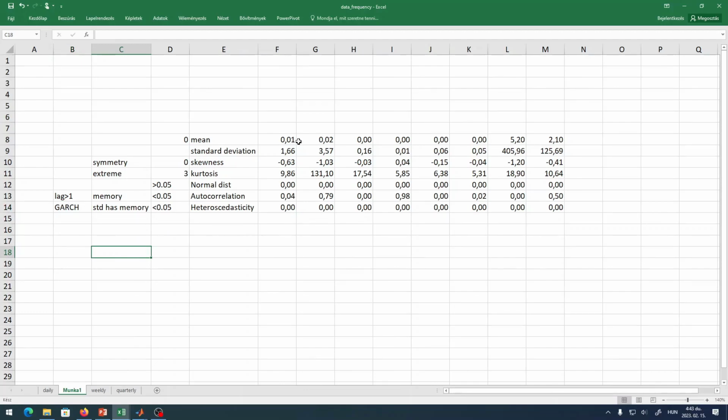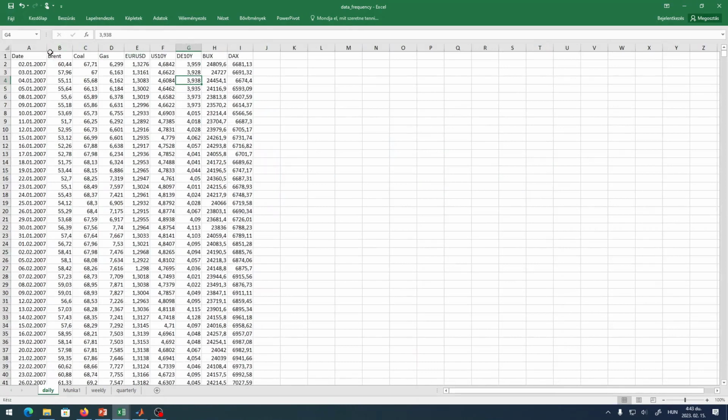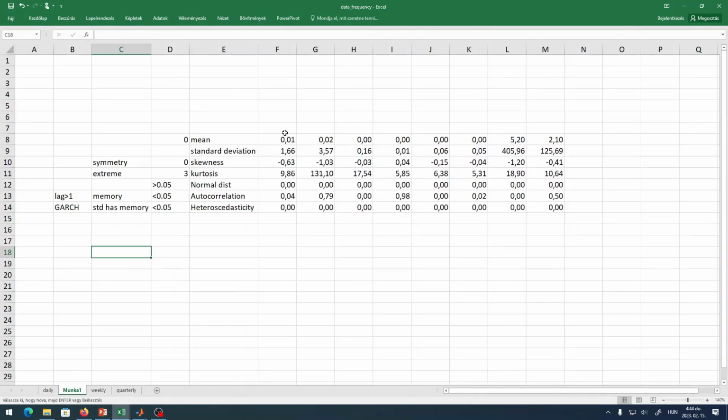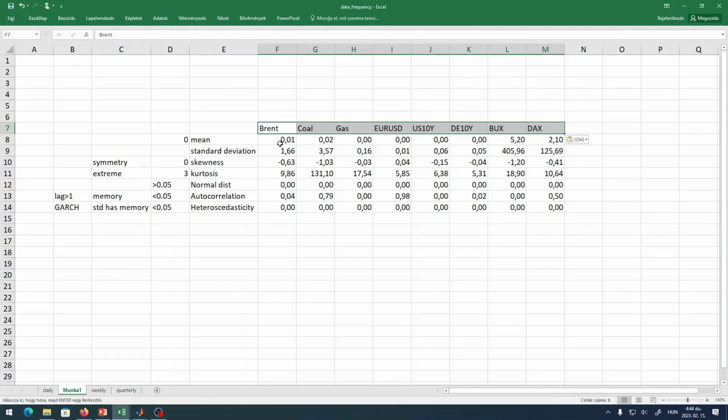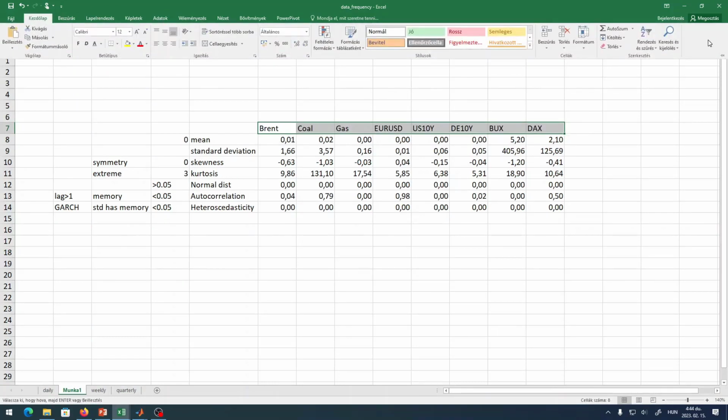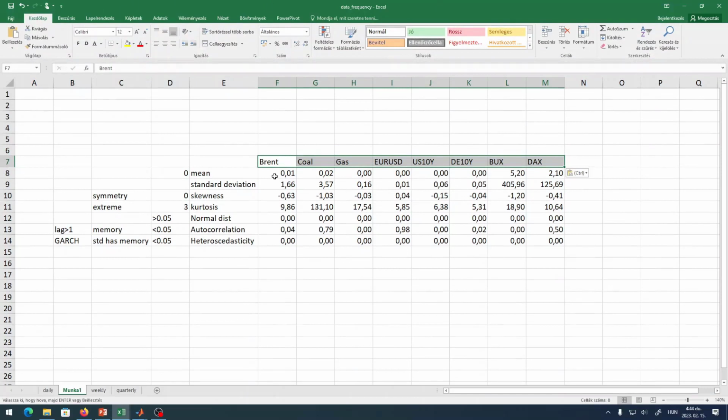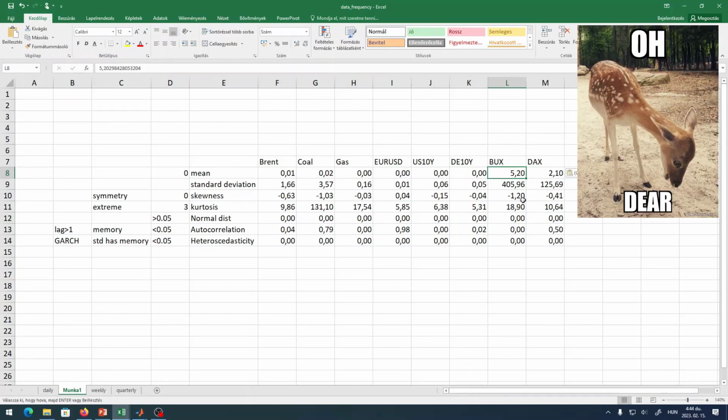And yeah, let's see. Yeah, I should bring this backwards because I need coloring. So yeah, this is what happens if I'm not using logarithms. This one is ugly.